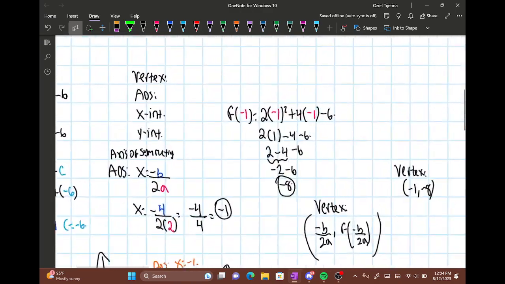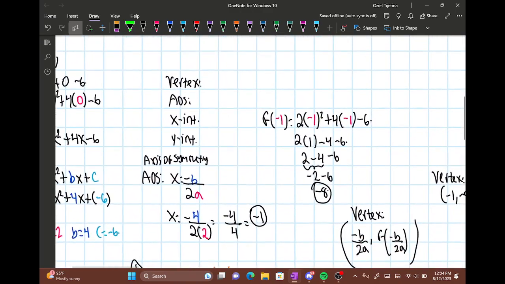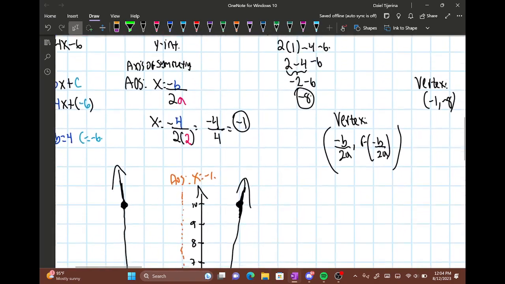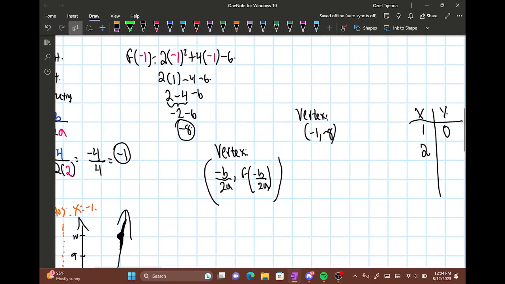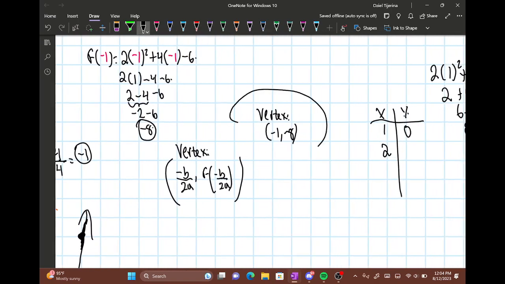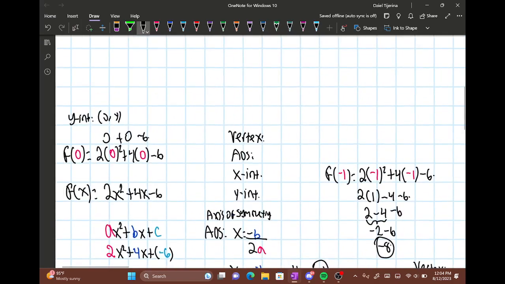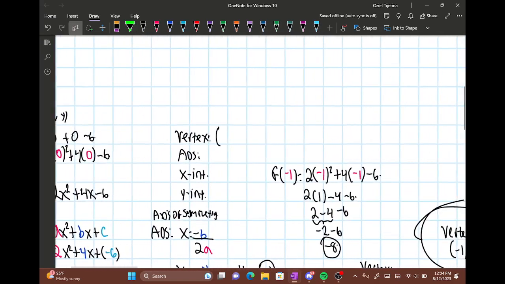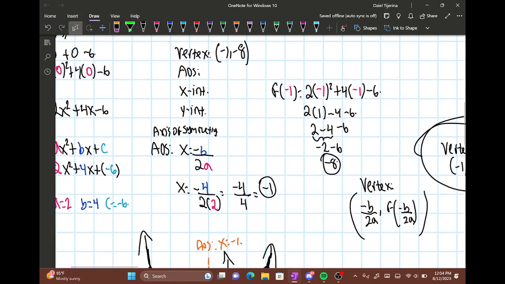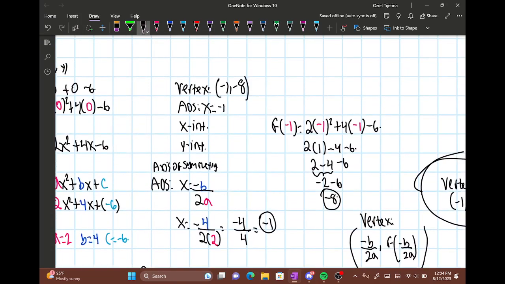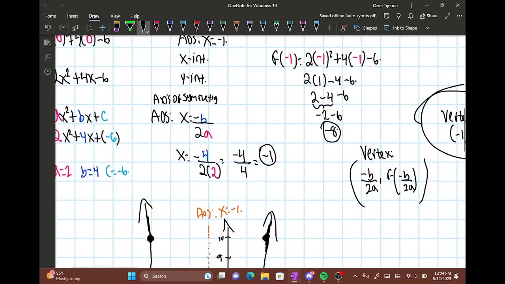And then one more thing, I'm going to state my vertex, my axis of symmetry, all that good stuff. Our vertex here was -1, -8. So we're going to put that here. Our axis of symmetry was x equals -1.